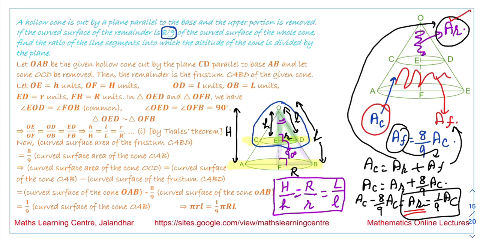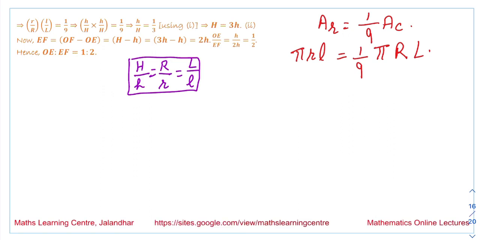Another equation that we have already obtained is capital H over small h is equal to capital R over small r is equal to capital L over small l. Now from this equation, the pi gets cancelled. If we shift this R on this side and this L on this side, we obtain small l over capital L is equal to 1 by 9 times capital R over small r.